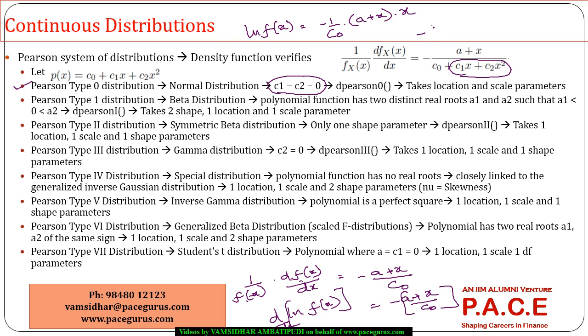Otherwise let me call it minus 1 by c naught ax minus 1 by c naught x squared by 2. This is the integration part of it.